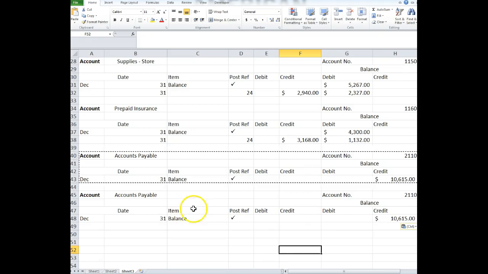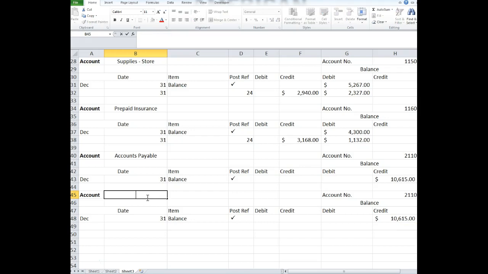All right. So next we have our employee income tax payable.